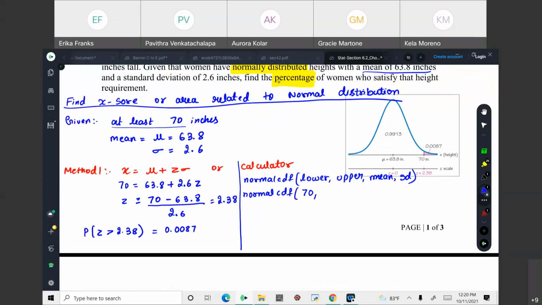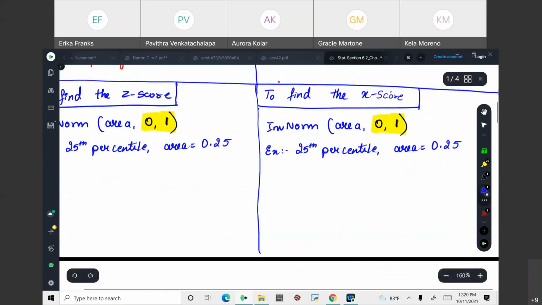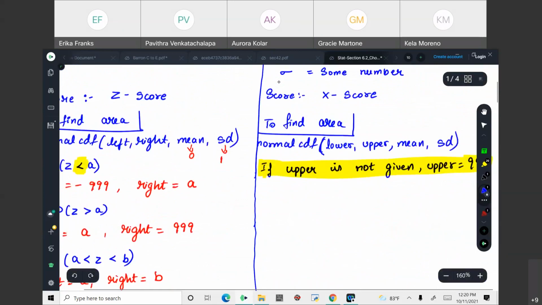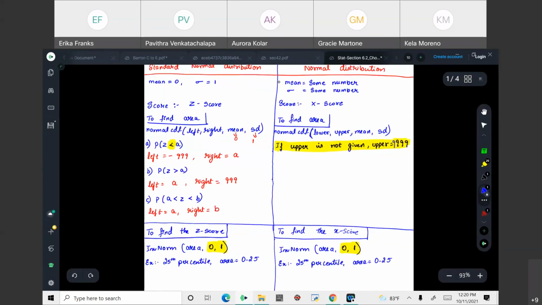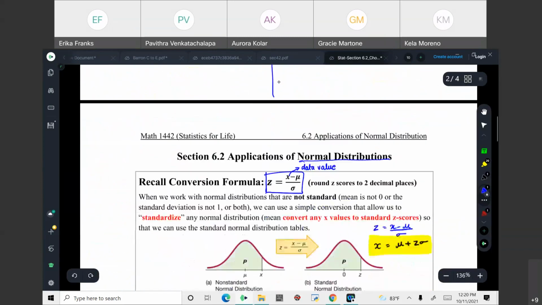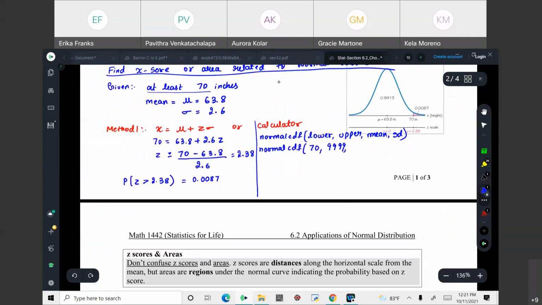Now if the upper value is not given, you have to consider it as 999. Sorry, it is 99. Okay, and the mean is given, which is 63.8. Standard deviation is 2.6. What will be the area?